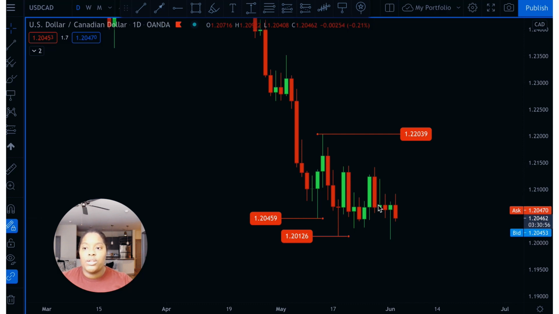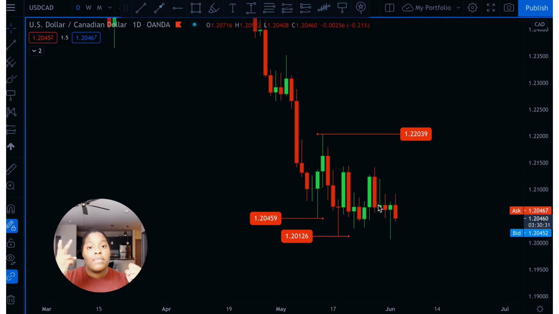Now, what you want to do is think about the United States dollar as its own currency, because it is, and the Canadian dollar as its own currency. And what we're going to do is name this. So if someone asks you what's the United States dollar versus the Canadian dollar, we're going to explain it this way. You have the United States dollar in your left hand, and this is called your base currency, which means it's the first currency within a currency pair.